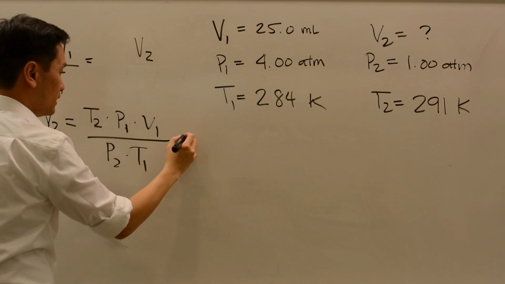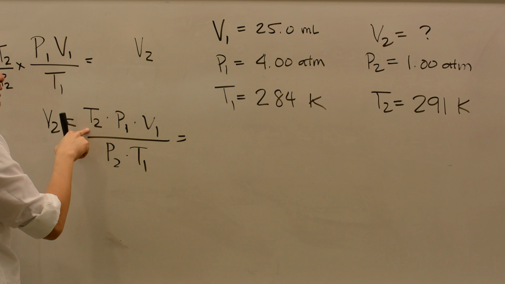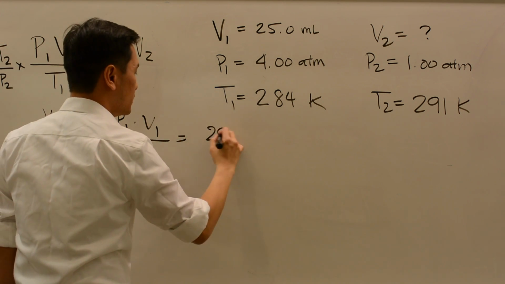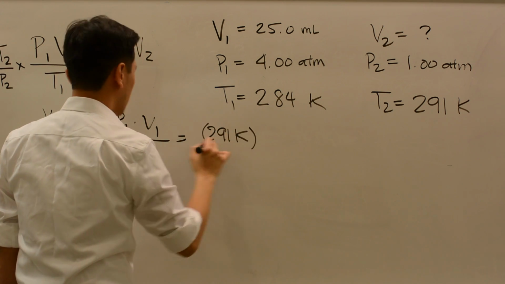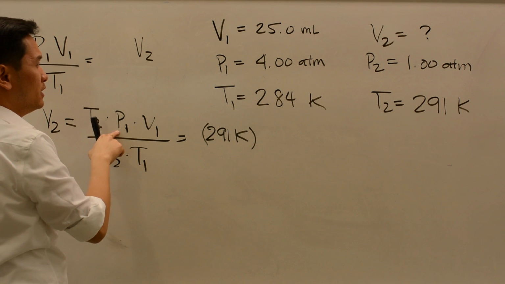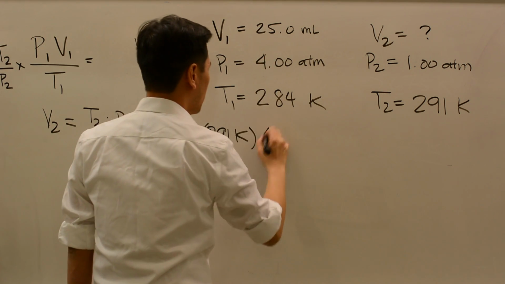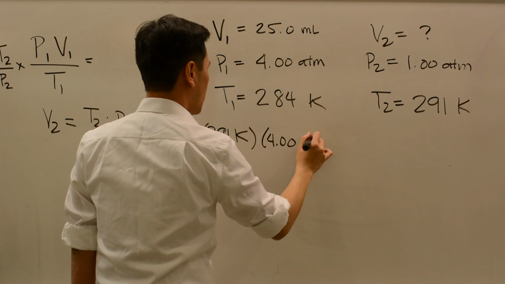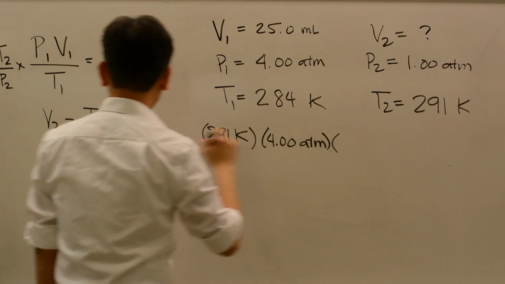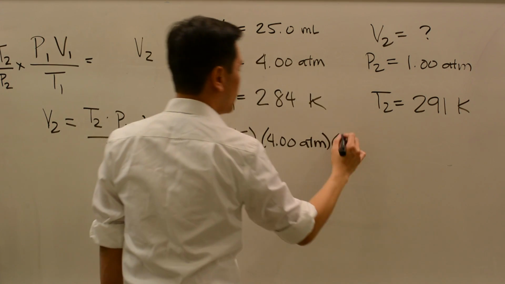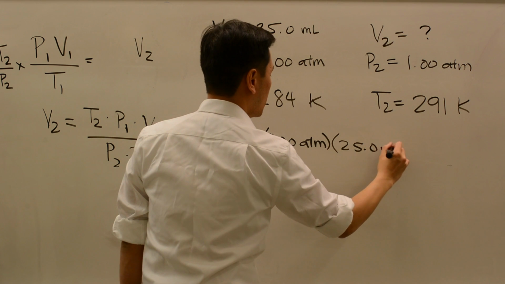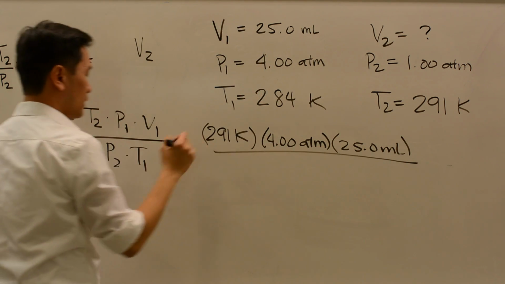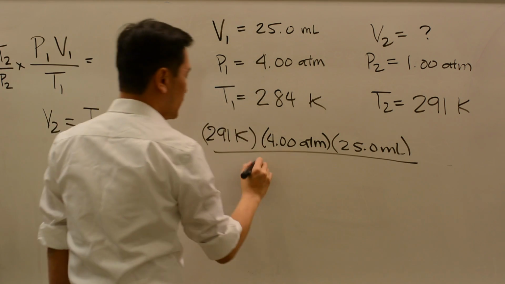Plugging things in here. What is our T2? T2 is 291. What is our P1? P1 is 4. V1 is 25. Divided by P2, which is 1.